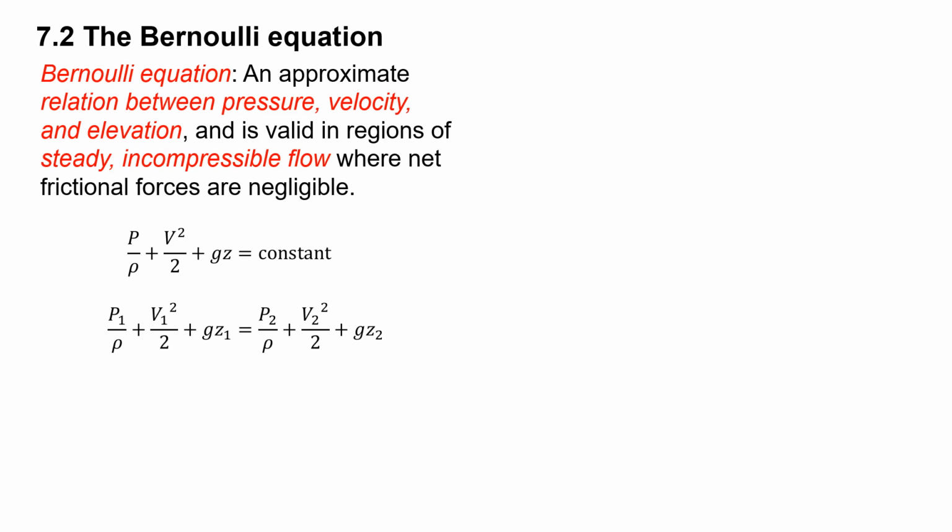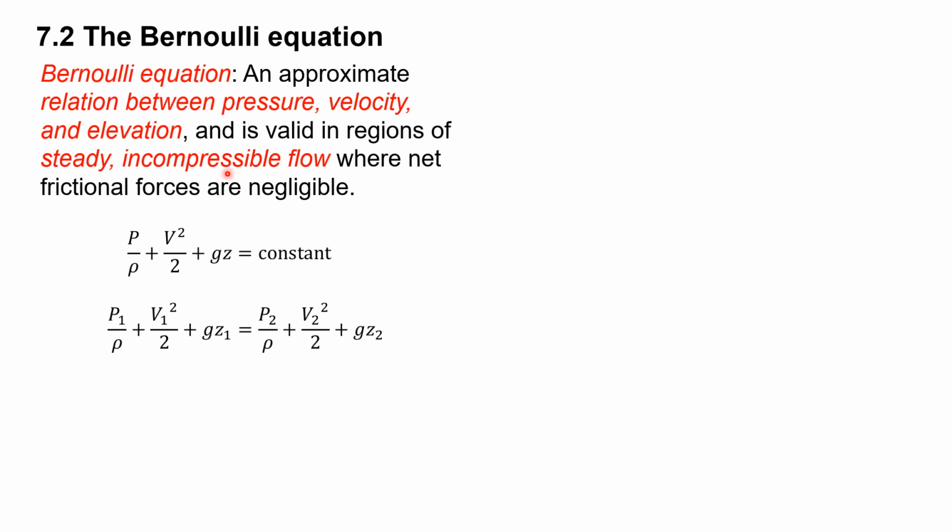Okay, so now we enter the Bernoulli's equation. Bernoulli's equation is an approximate relation between pressure, velocity, and elevation. Pressure we know is P, velocity normally will be V, and elevation normally will be Z. If you see this formula, it will have P, V, and Z, which we can combine.